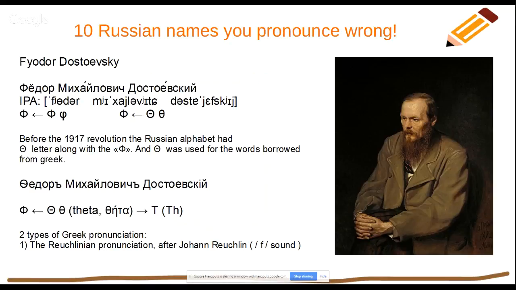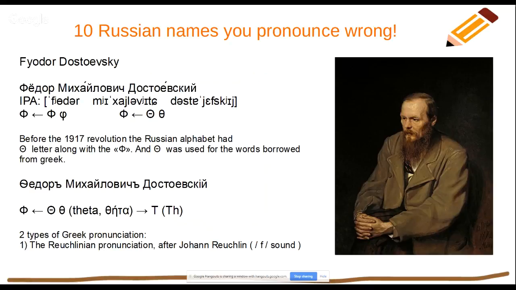And Reuchlin, when he created his system, as I know, he used the late Byzantine version of Greek, just like the Greek language which was used in the first centuries of Cyrillic alphabet and after the translation of the Bible into Russian.